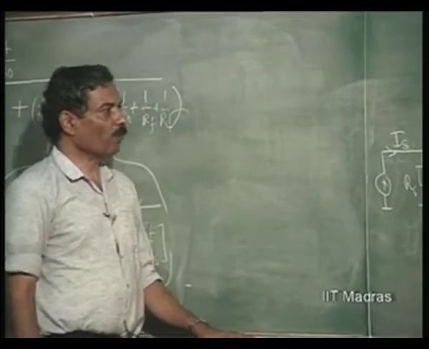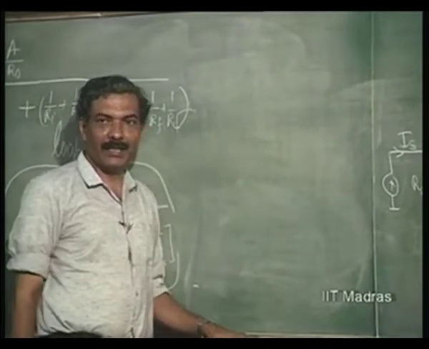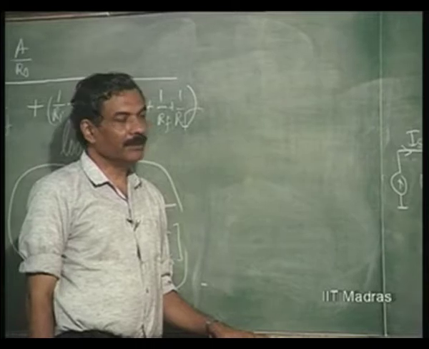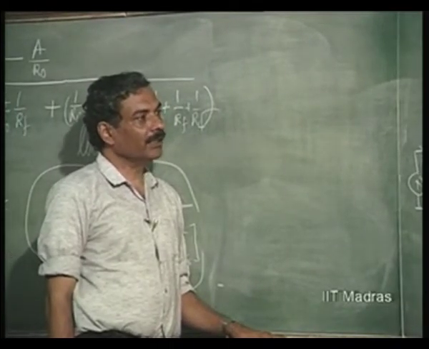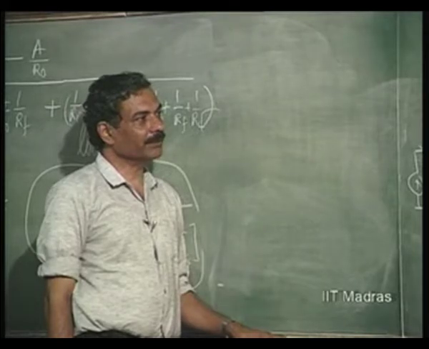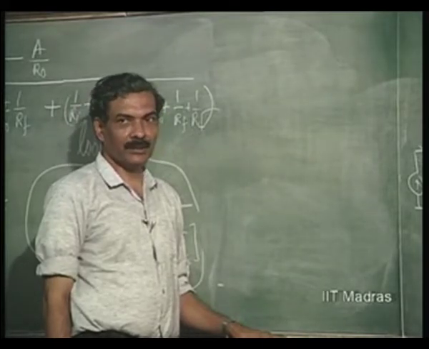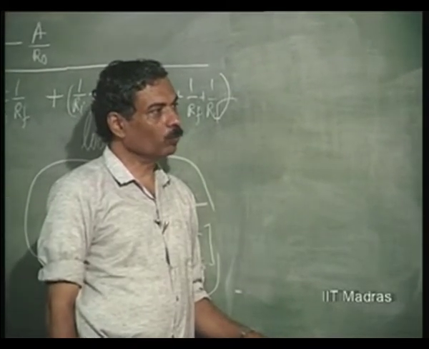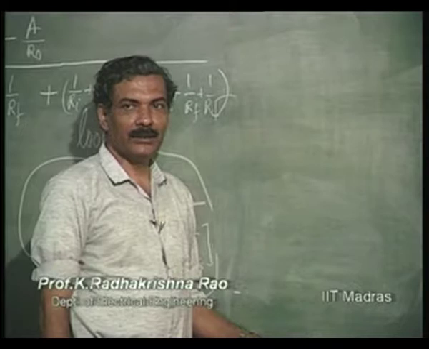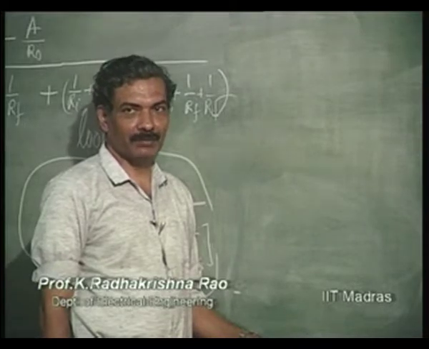So, now we have seen Y feedback and H feedback as applied to the operational amplifier. As I told you, these are the two negative feedback structures available to us. I would like to at this juncture also discuss what happens if we give positive feedback.